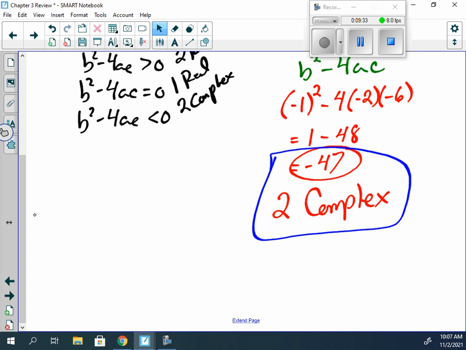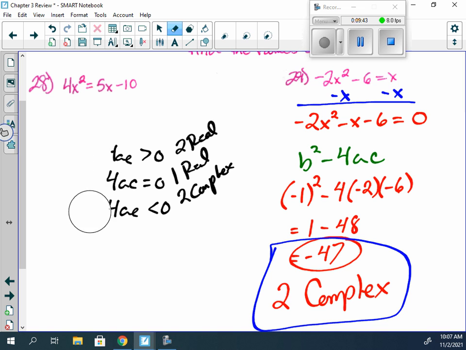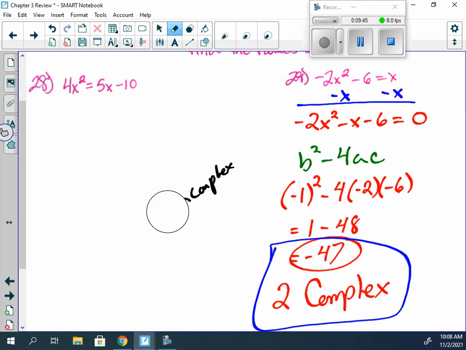Do you want to look at 28 or 30? Now, again, like the 29, because this isn't equal to 0, we do need to get it set equal to 0. Not so much that we can't find the values of a, b, and c this way.